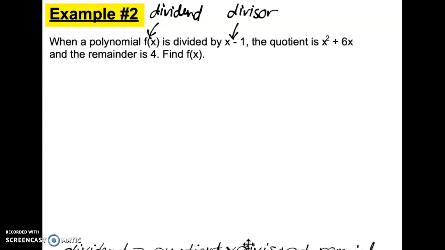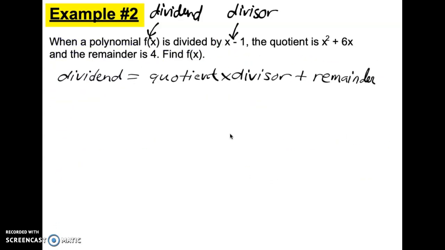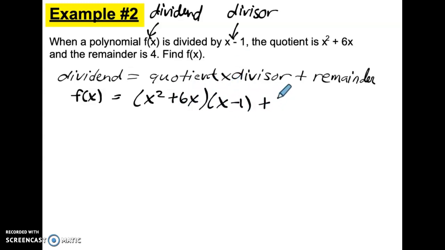So if you take that pattern, dividend equals quotient times divisor plus remainder, and you just sub everything in, for a dividend we're going to sub in f of x. Our quotient, we will substitute in x squared plus 6x. Our divisor, we put in x minus 1, and the remainder is 4.